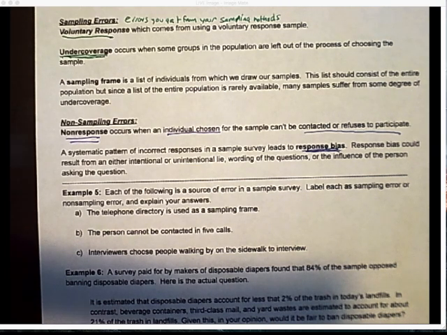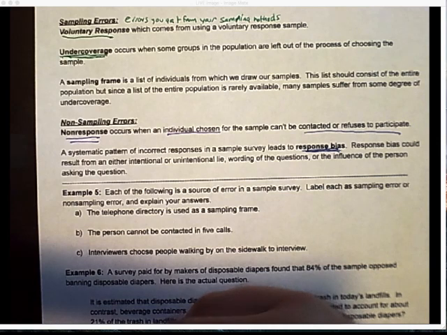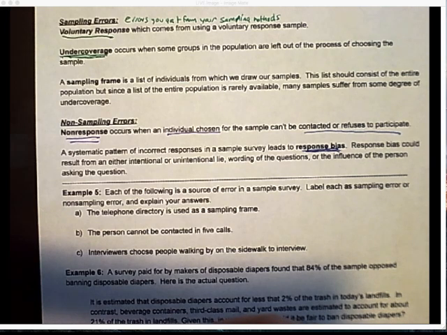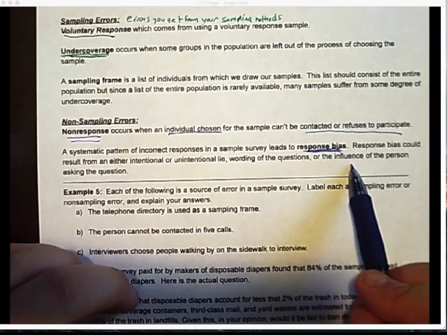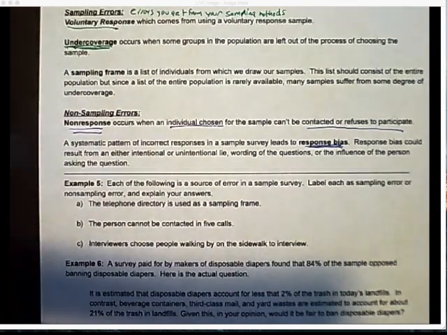So let me give you an example of a response bias. If I wanted to take a sample as your teacher, and I asked you about drug use, maybe I asked you the question, have you ever used marijuana? Well, you might not be telling me the truth because I'm in a position of authority over you. So my influence by asking you the question might lead you to lie.